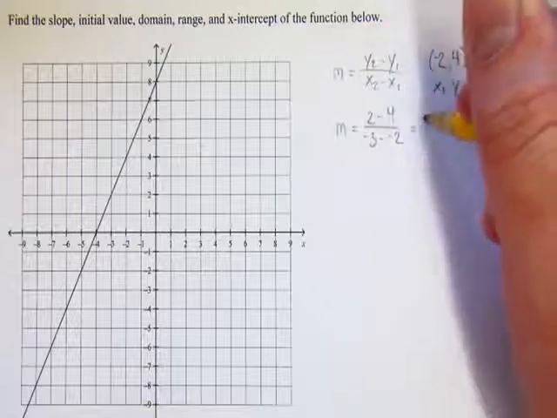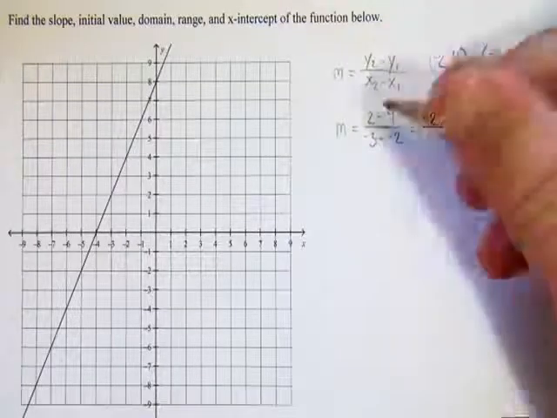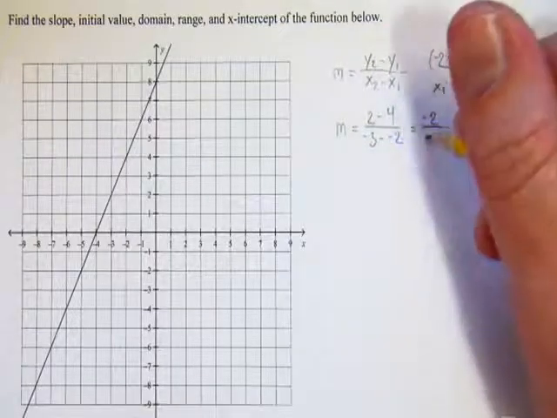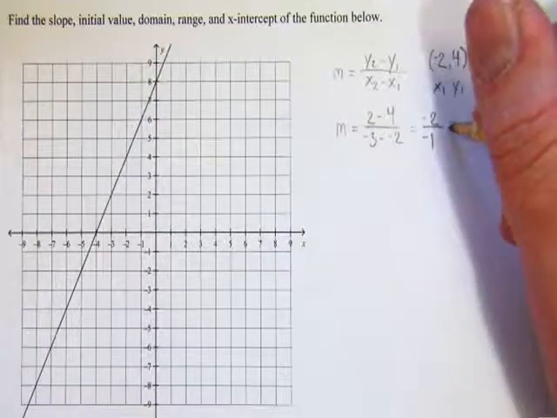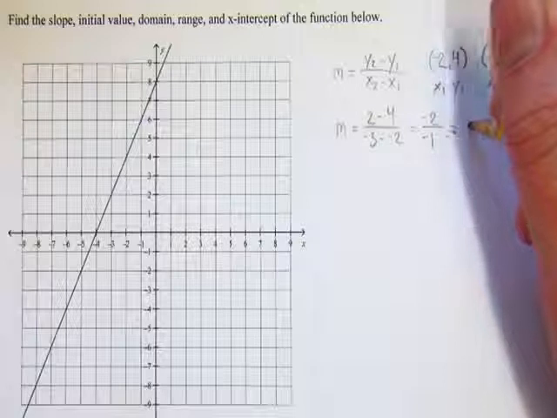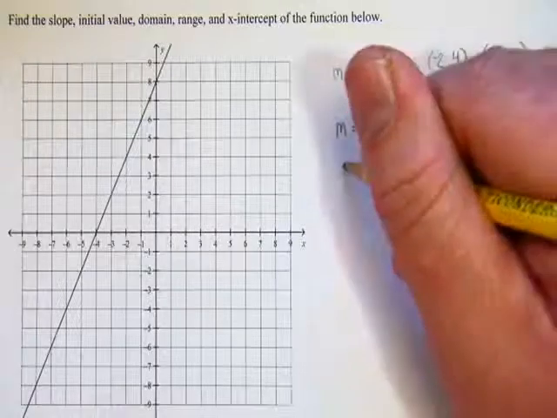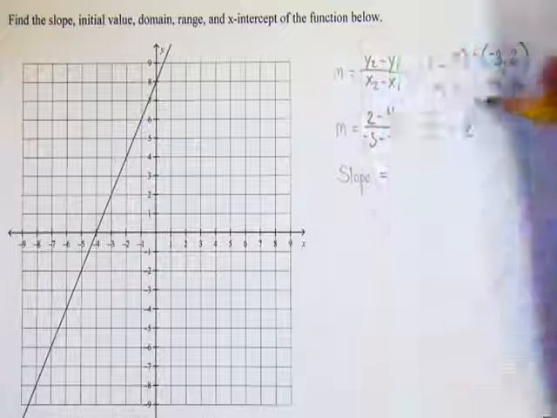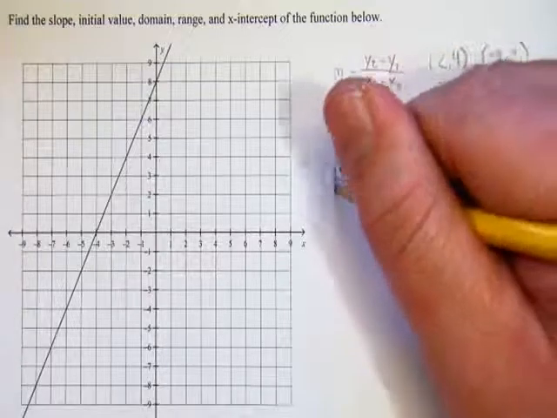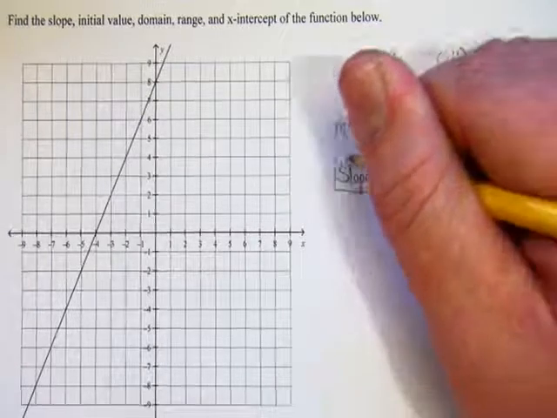So 2 minus 4 is -2. -3 minus a -2 is -1. This means I'm going to do -2 divided by -1, which gives me a value of +2. So I can go ahead and say that my slope is going to be equal to 2. So that's one way of doing it.